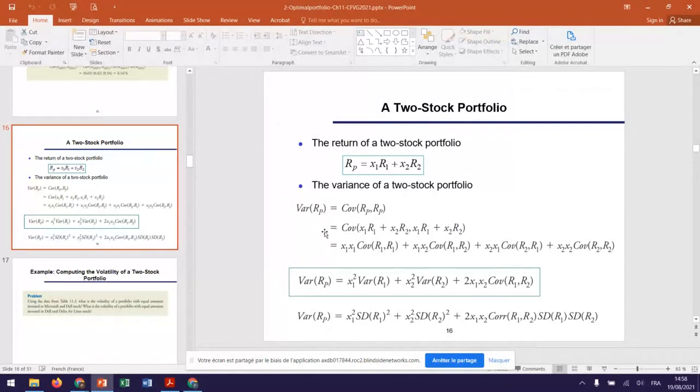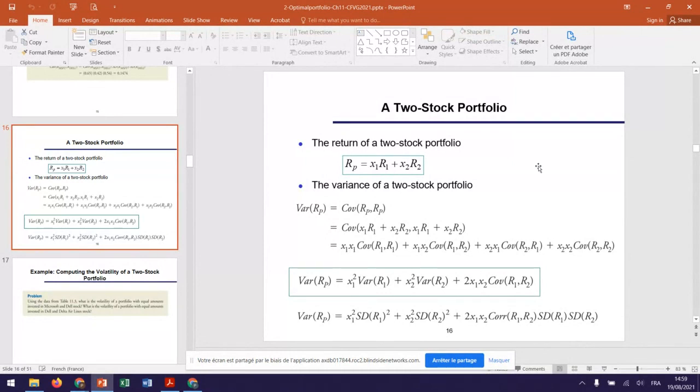The expected return of the portfolio is equal to X1R1 plus X2R2, which is straightforward. Now, the combined risk of these two risky assets would depend on the covariance of the two stocks.